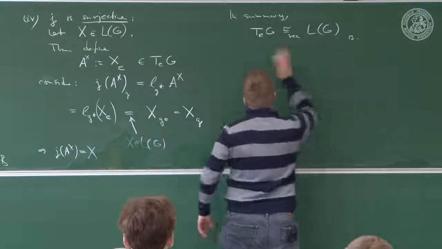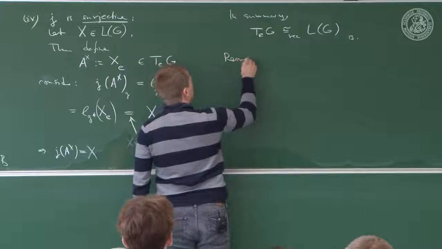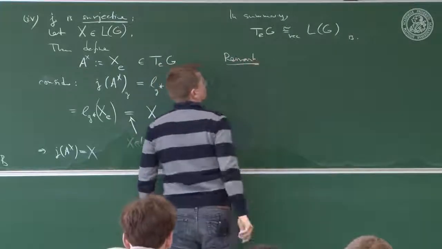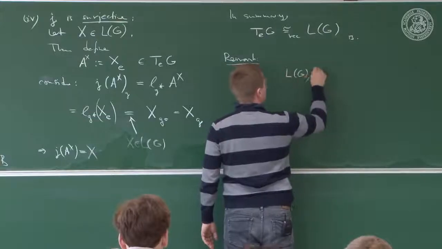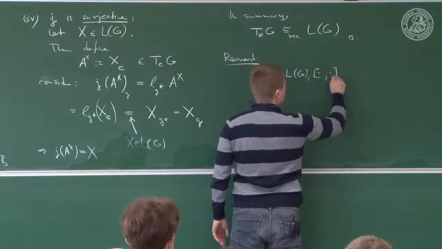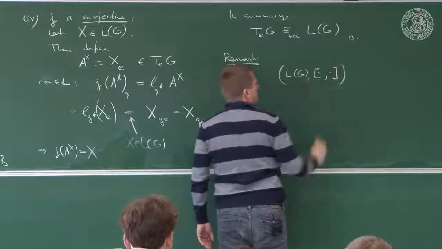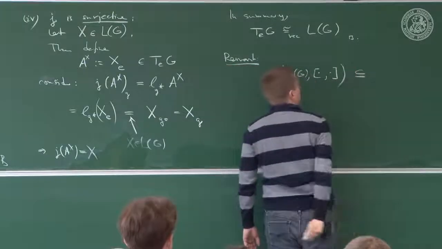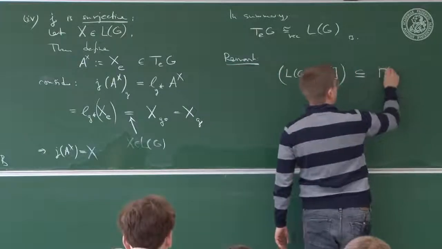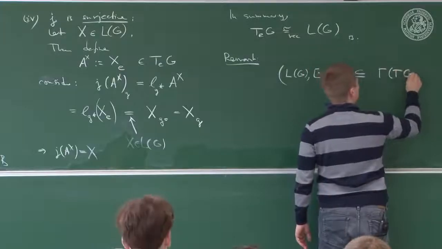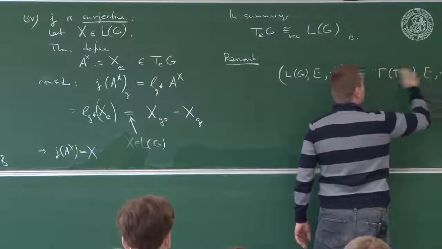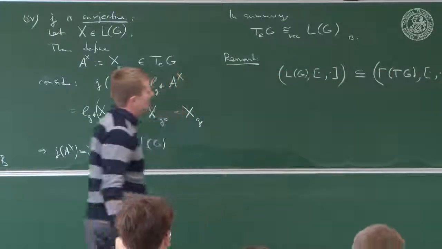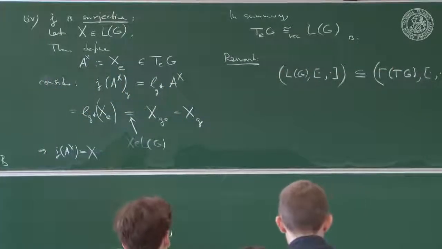So a remark. LG equipped with the commutator bracket of vector fields, we already recognized as a Lie subalgebra of the Lie algebra of all vector fields equipped with this bracket.